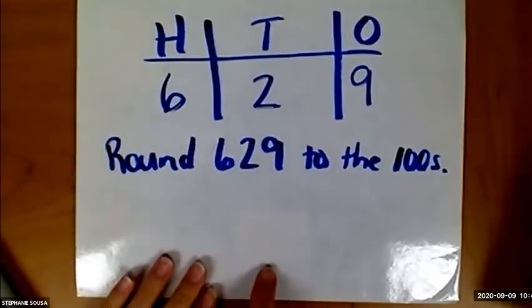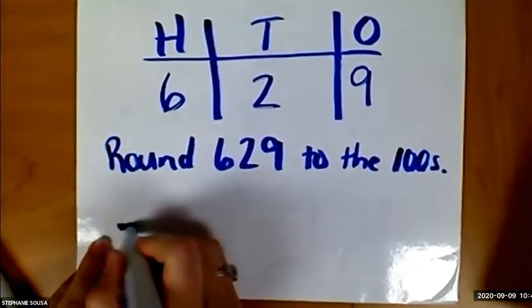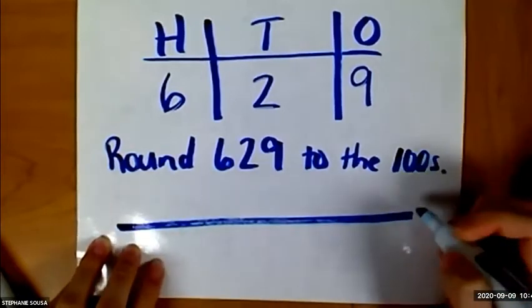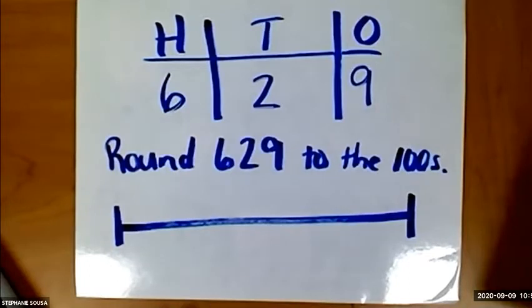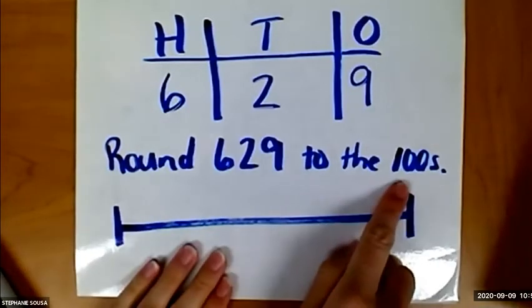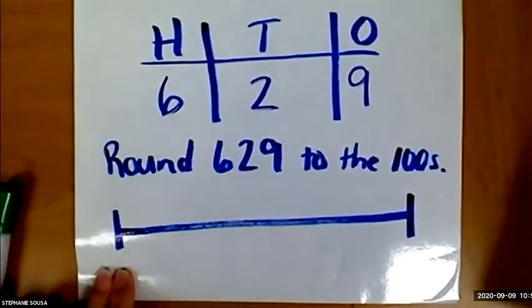So I have 629. Now I can create myself a shortened number line here. On that number line, I'm going to put my 2 benchmark numbers. We're rounding to the hundreds, so our benchmark has to be a 100 number.